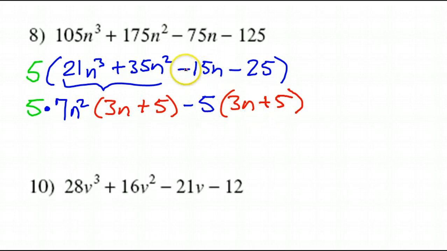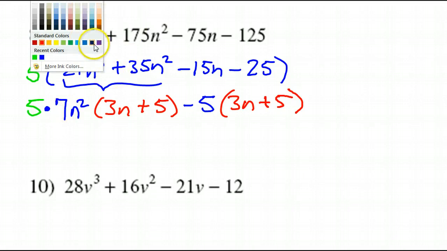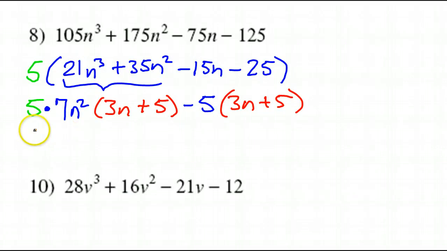Just looking back one more time, 3 times 7. Okay, so look what I've got right here. Now, let's go ahead and multiply the 5 times 7 together and just go ahead and get 35 and be done with it. Okay, can I do that? Is that all right? So if I do that, then I'm going to have 35, 5 times 7, 35n squared.